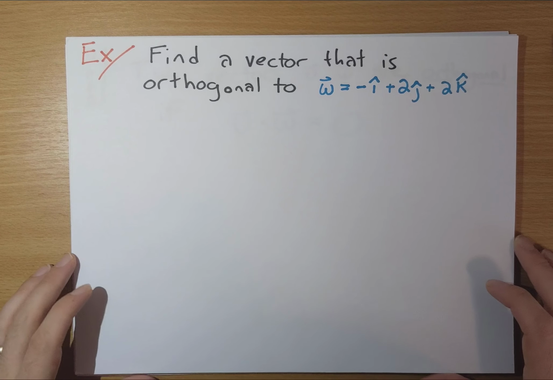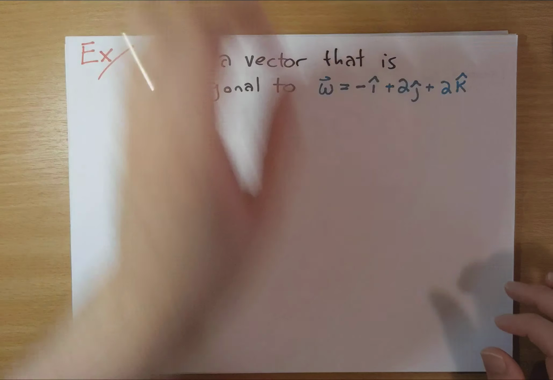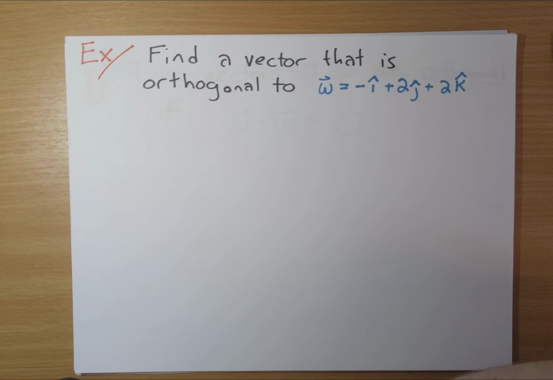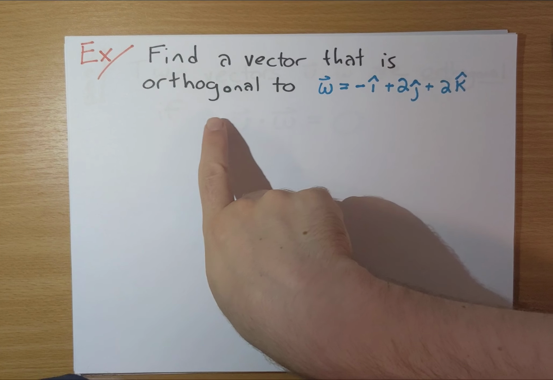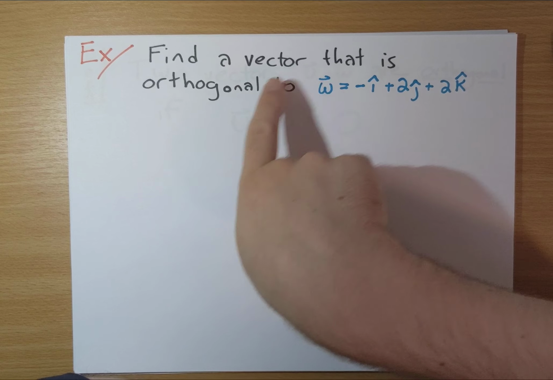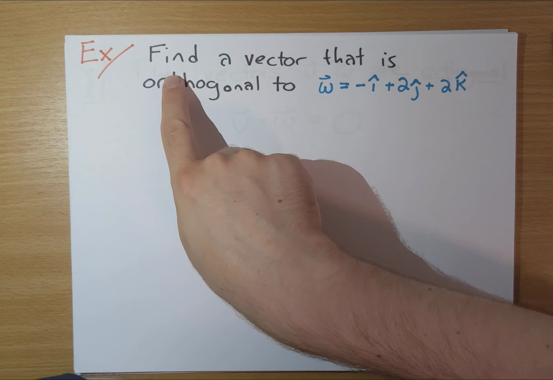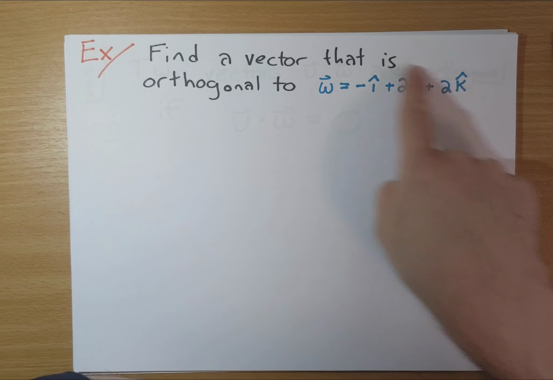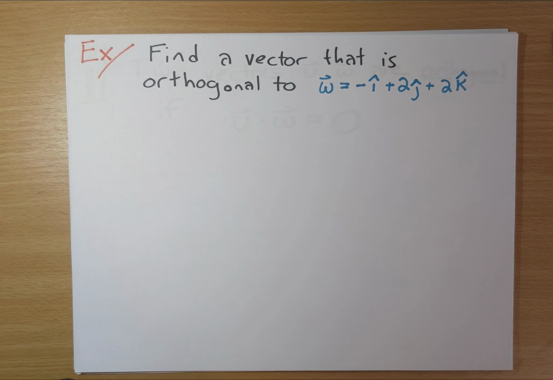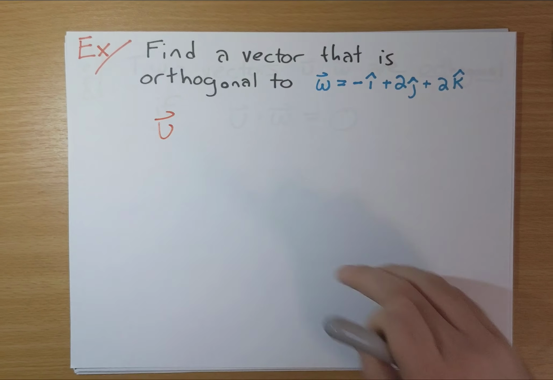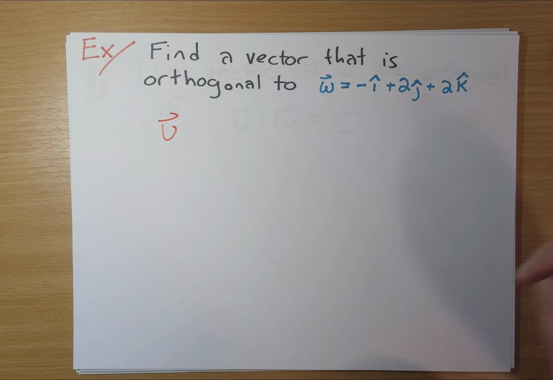So a final example in this video. What's the goal here? We have to find a vector that is orthogonal to this w vector, minus i hat plus 2j hat plus 2k hat. We just need something whose dot product with w is 0.